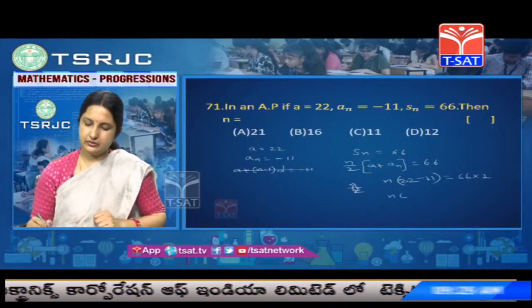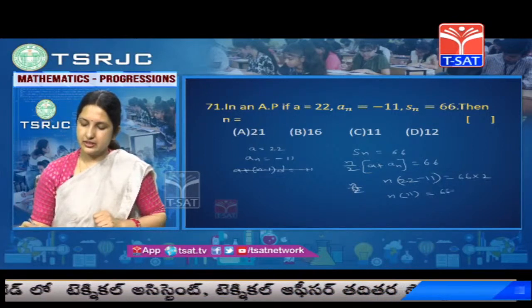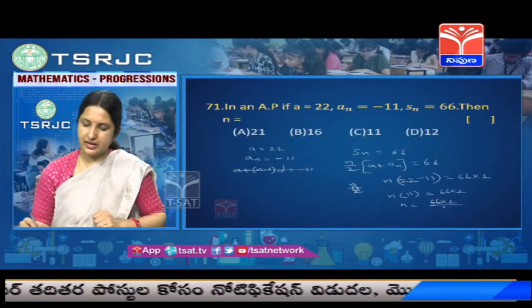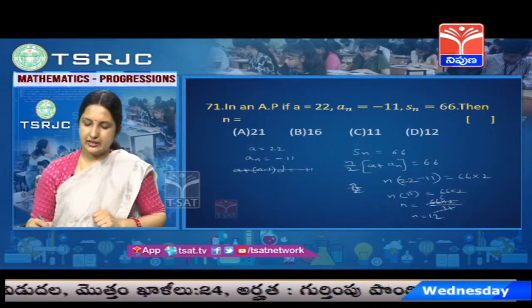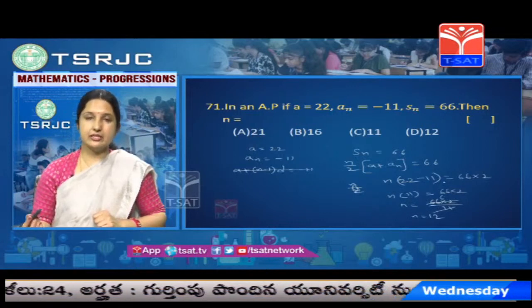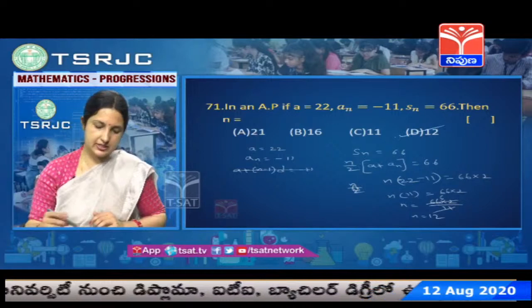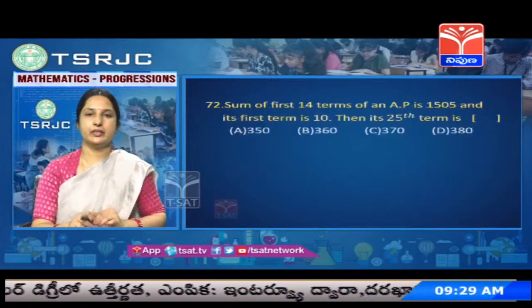Then n = 66 into 2 / 11. 11 sixes are 66, so n = 12. You can cancel here also: 11 ones are 11, 11 sixes are 66, 6 twos are 12. So option D is the correct one. N = 12 we will get.